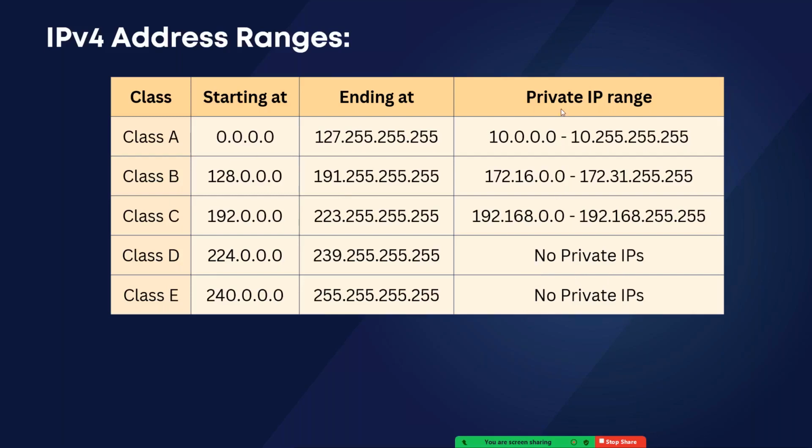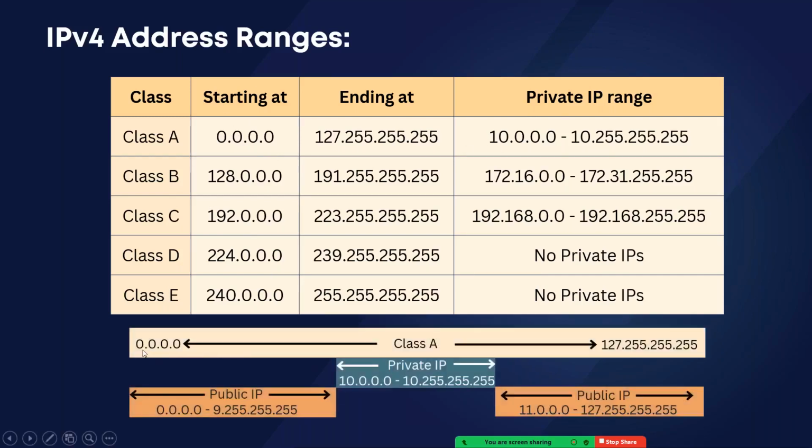If this is still a bit unclear, let me elaborate on one of the classes. Take the example of class A. It starts at the first IP 0.0.0.0 and goes up to 127.255.255.255. That's the complete range of class A. In that range, there's a small private IP range, 10.0.0.0 to 10.255.255.255.